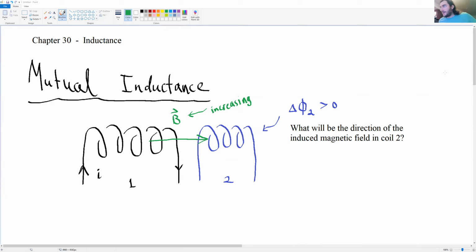Okay, the flow of the chat has stopped, so I'll take it from here. To answer the question, we simply need to know the direction of the change in the magnetic field. Since B is pointing in this direction and B is increasing, the change is in this direction.